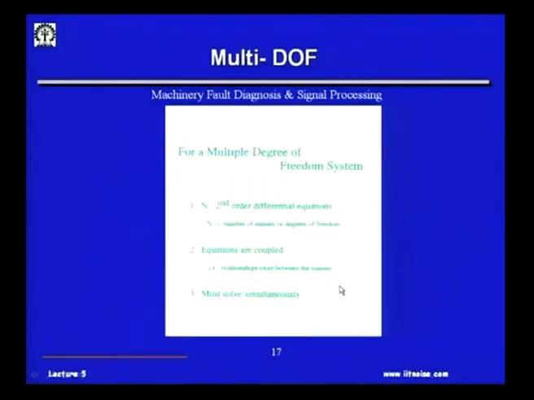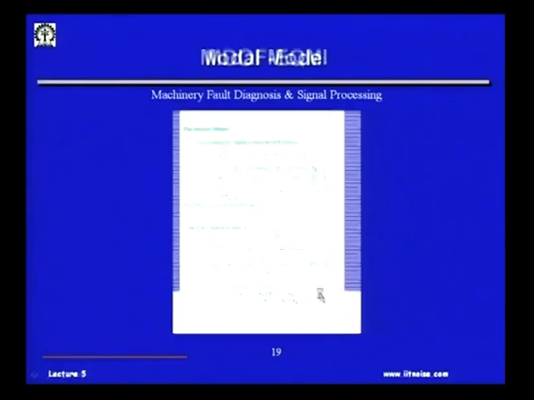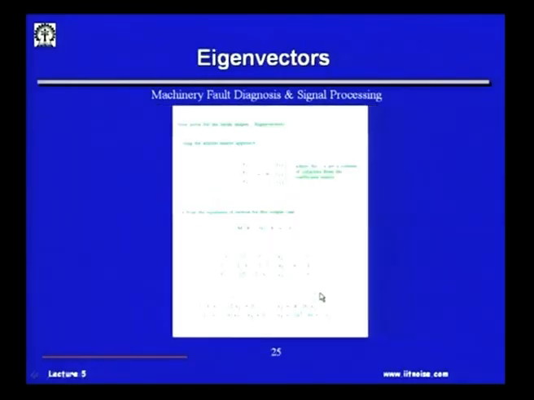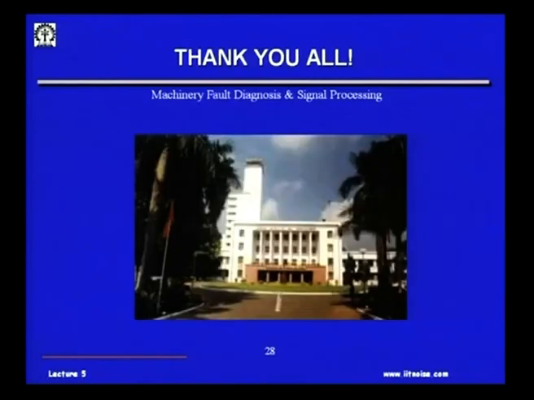Well, for multi degree of freedom systems, this only gets complicated, in that instead of one differential equation, I am going to have n number of differential equations, where n is the number of degrees of freedom. And then of course, they have to be solved simultaneously, and we will have a case in the next class, wherein I will be telling you about the application of such machinery vibrations to multi degree of freedom systems.